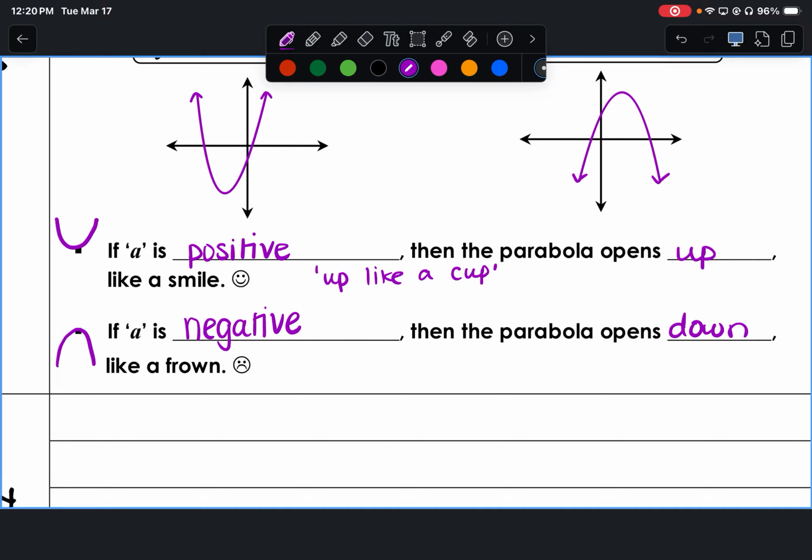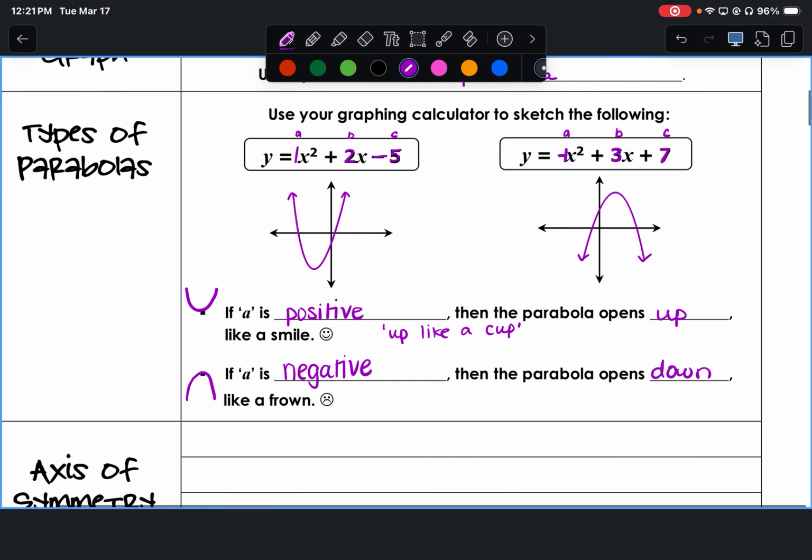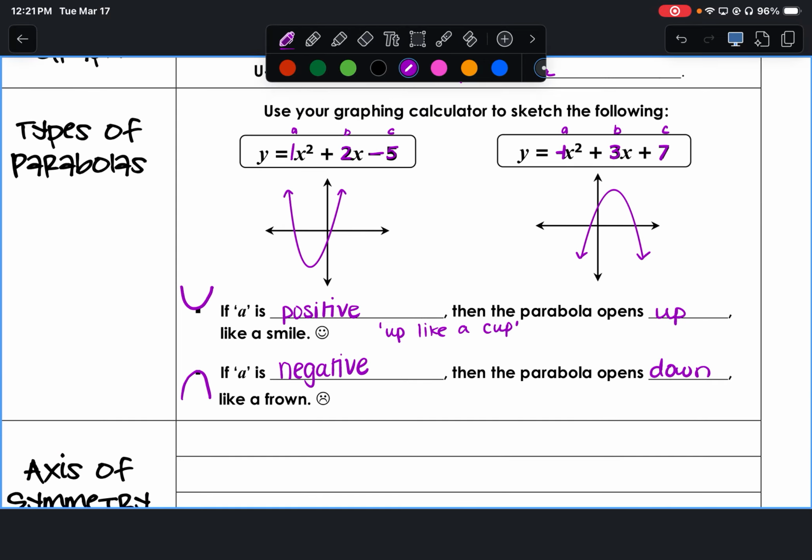And that is when our parabola opens downward. Now, we have looked at a bunch of different types of functions at this point. And we have looked at one that has a couple similar properties to this one. So whenever we look at a quadratic, both sides of this graph happen at the same time, right?